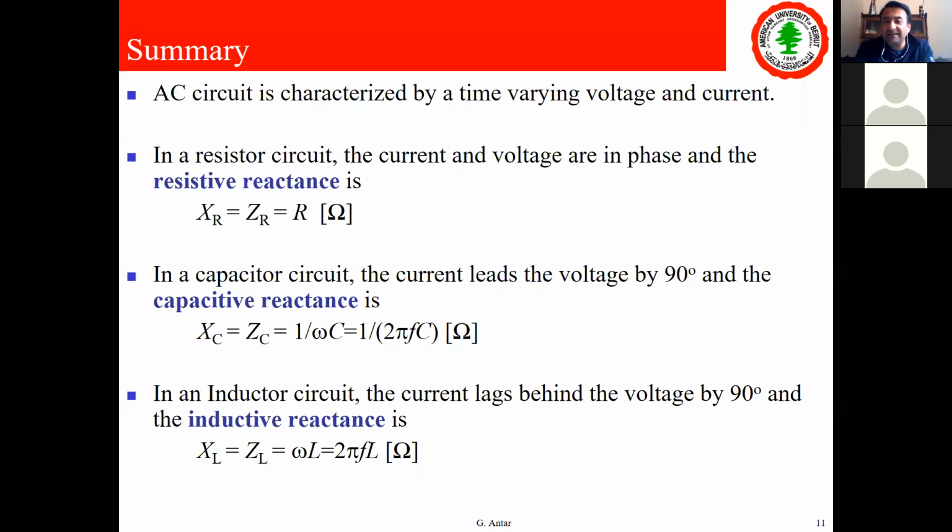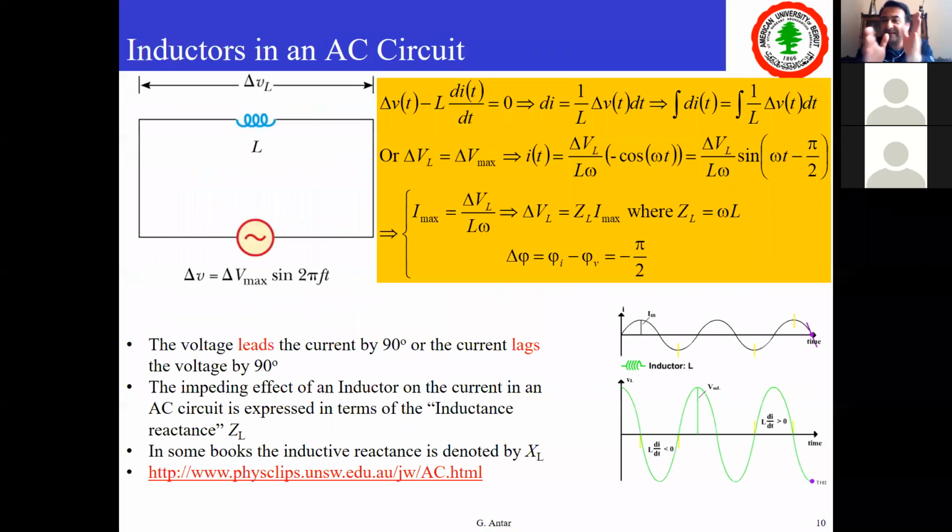So how about the inductive reactance? What we said, the capacitance is about the charging. Remember, L will play a role only when I have time variation, and it will act as a battery. So as if I have a battery minus plus, and here plus minus.